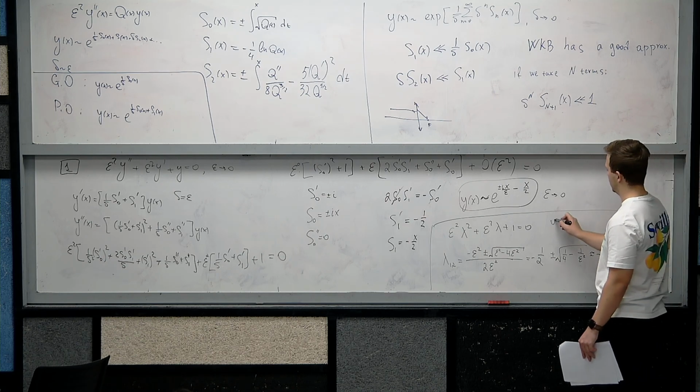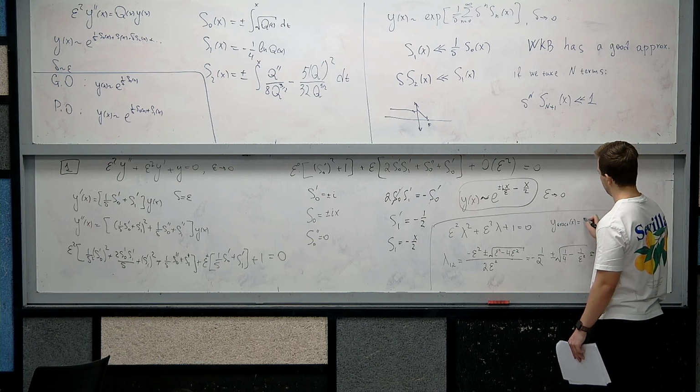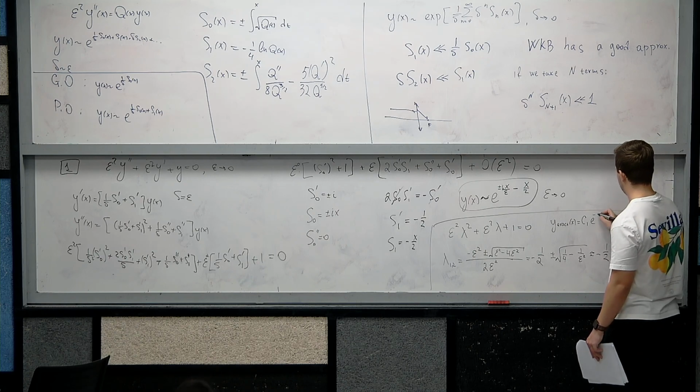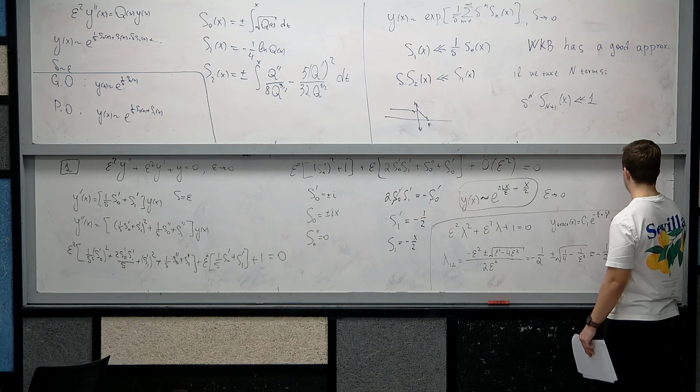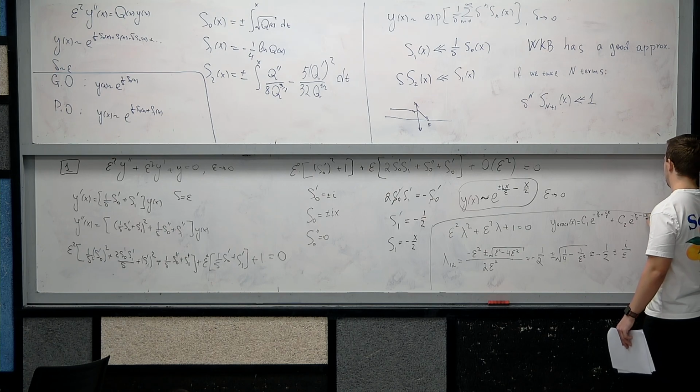And therefore, the exact solution is C1 times e to the minus x over 2 plus i x over epsilon, plus C2 times e to the minus x over 2 minus i x divided by epsilon.